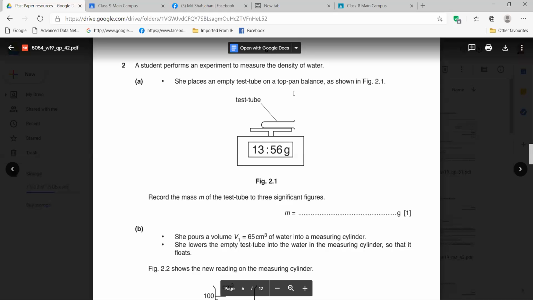Do you have the copy with you in front of you? No, sir. Can you manage by 1 minute? Yes, sir. Please manage it.